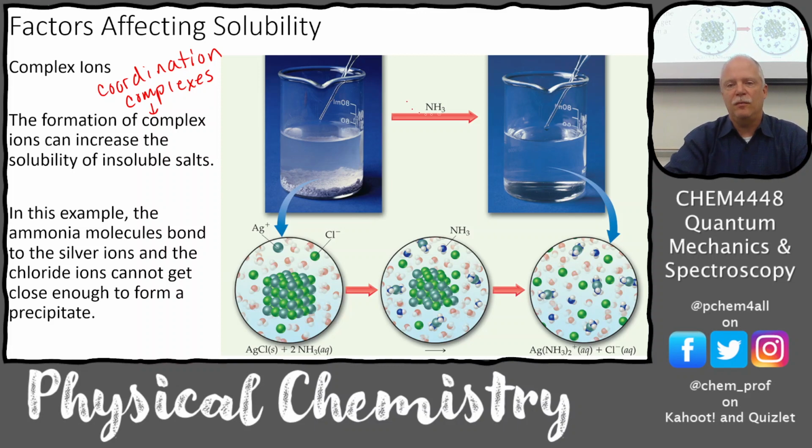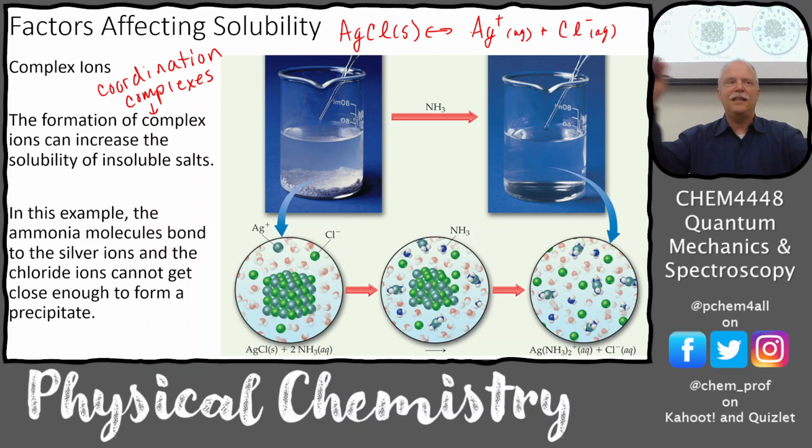And that's what we can do with ammonia. So the silver chloride, this is AgCl solid in equilibrium with Ag+ and Cl-. And that's in equilibrium, and it's mostly to the left. So it's mostly silver chloride. But if we can take this silver and cap it with an NH3 on either end, we have this coordination compound.